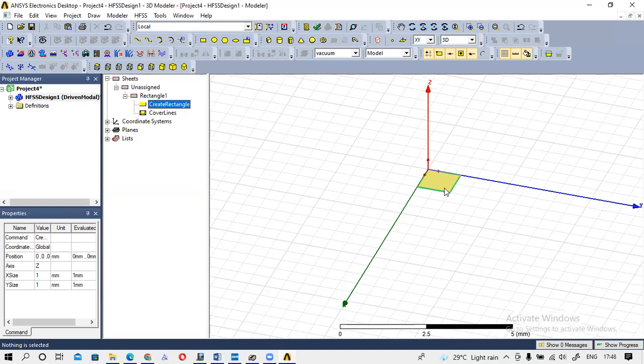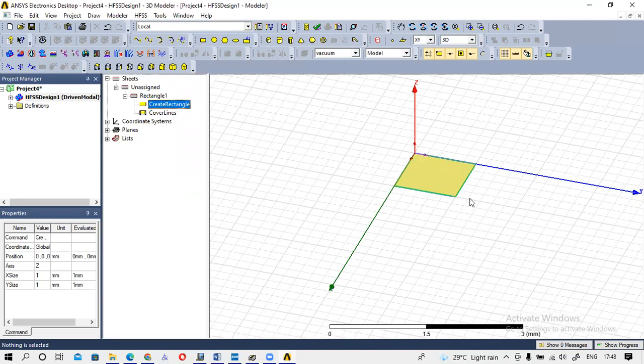So you will get this kind of rectangle. This is the 0, 0, 0, the starting point of this rectangle. Along the x-axis you have 1 millimeter and along the y-axis also 1 millimeter. In this way you can change the position and the length of the rectangle.